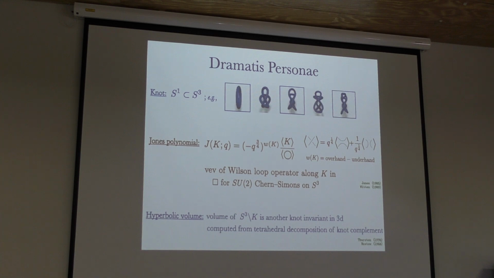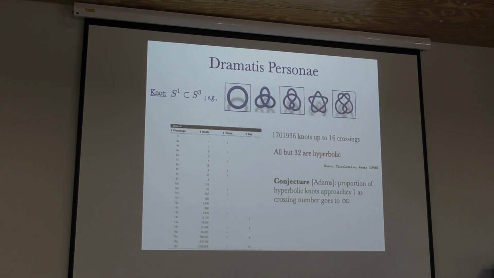So it's defined for all knots? It's defined for all hyperbolic knots, but not all knots are hyperbolic. There are torus knots, satellite knots, hyperbolic knots, and every knot is one of these. This is actually the next slide. If you look at the first 1.7 million knots, all the knots up to 16 crossings, all but 32 of these are hyperbolic.